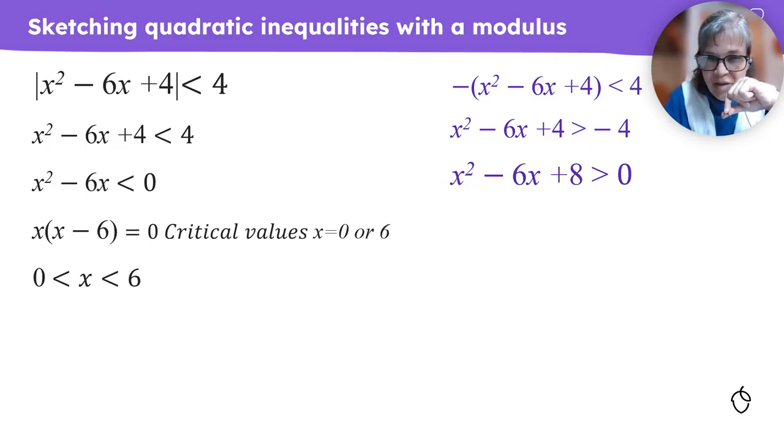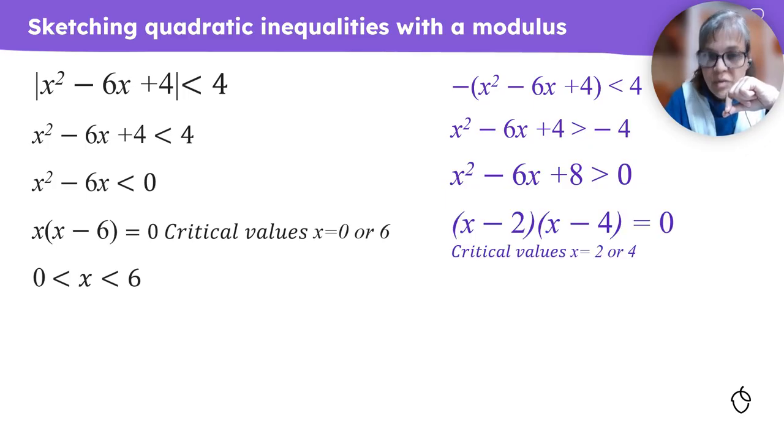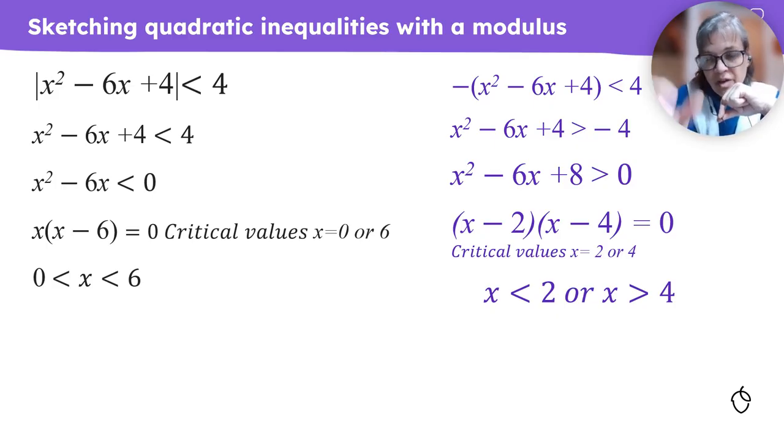Then I again factorize, and I get two critical values, where x is 2 or x is 4. Now, those two critical values, where is that curve greater than 0? It would be at 2 and at 4. So x has to either be less than 2 or greater than 4 for this particular quadratic.